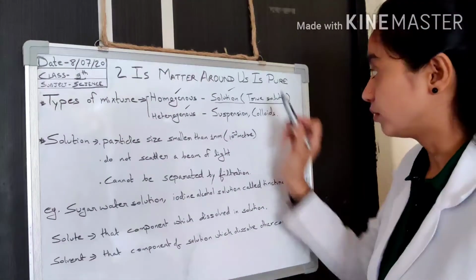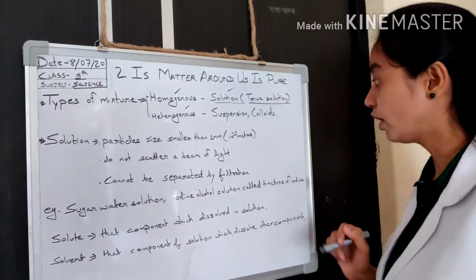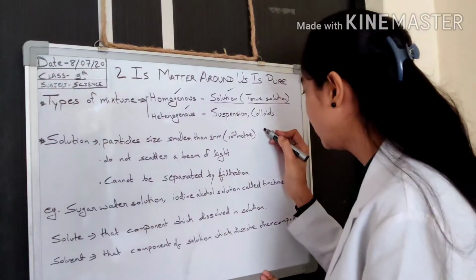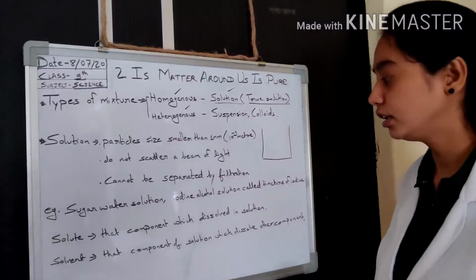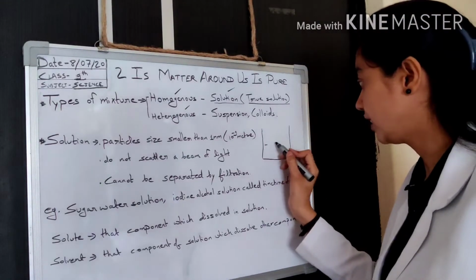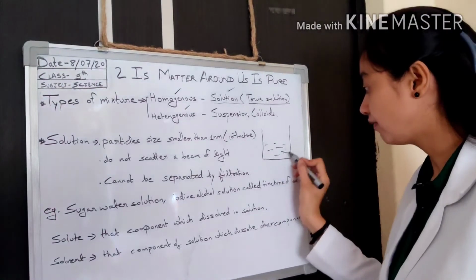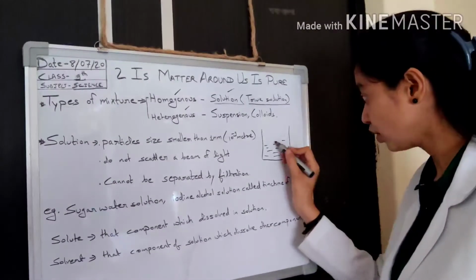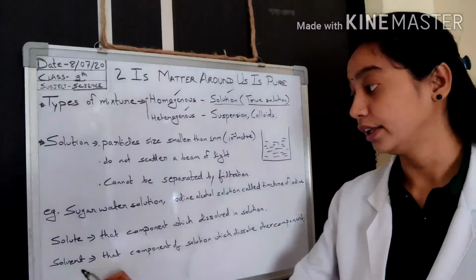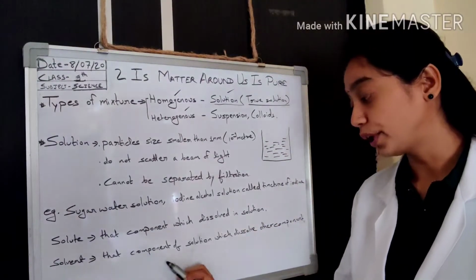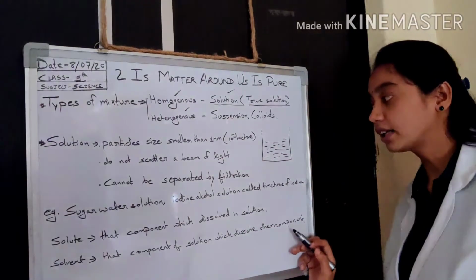So solution, how is it prepared? What is a solution? Generally, in a solution we take a solvent. Solvent means a liquid which has the property to dissolve another component. Solvent is that component of a solution which dissolves the other component.